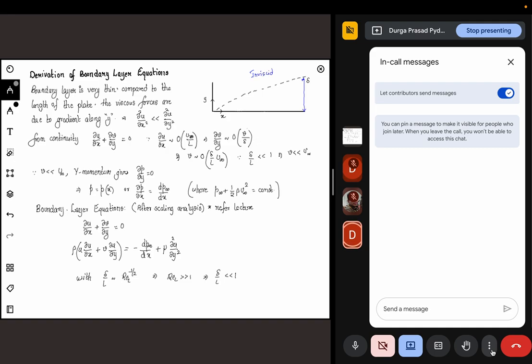If the velocity is constant, then the pressure should also remain constant. If the velocity is changing, then you use Bernoulli's equation and calculate the pressure from there directly. For a flat plate, when the free stream velocity is constant, the pressure is constant: p infinity plus half rho u infinity squared is equal to a constant, and u infinity is constant, so dp infinity by dx is also 0 for a flat plate.